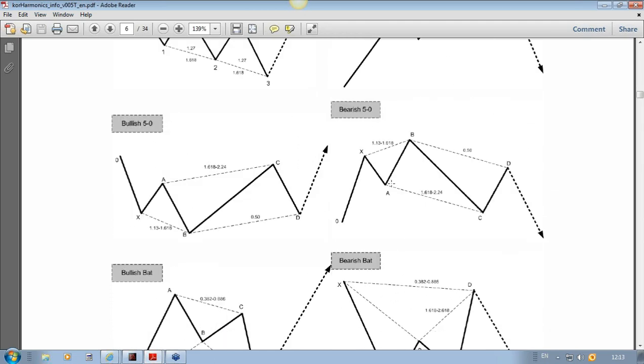We have the 5-0, which is a very good one, but I do not trade it because it always appears with hidden divergence. That's how it looks: 1, 2, 3, then a big correction 4, 5, which is half of this line, and then bam, all the way down.